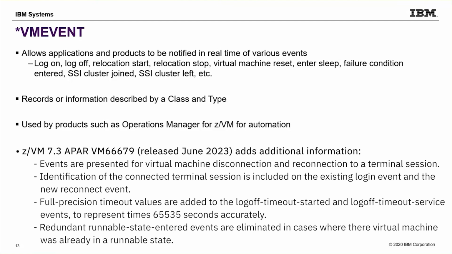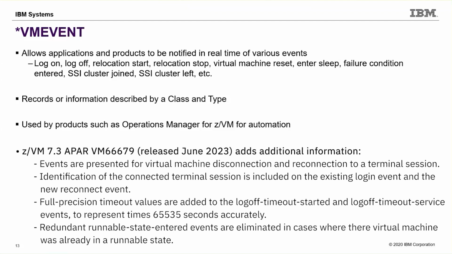Right, now unlike accounting where it's referenced by a record type, Star VMEVENT breaks its information down by class and then type. So class is the higher-level breakdown of this, and then type is the particular type of record inside that class. And so, Operations Manager for z/VM is an IBM product that uses this heavily.